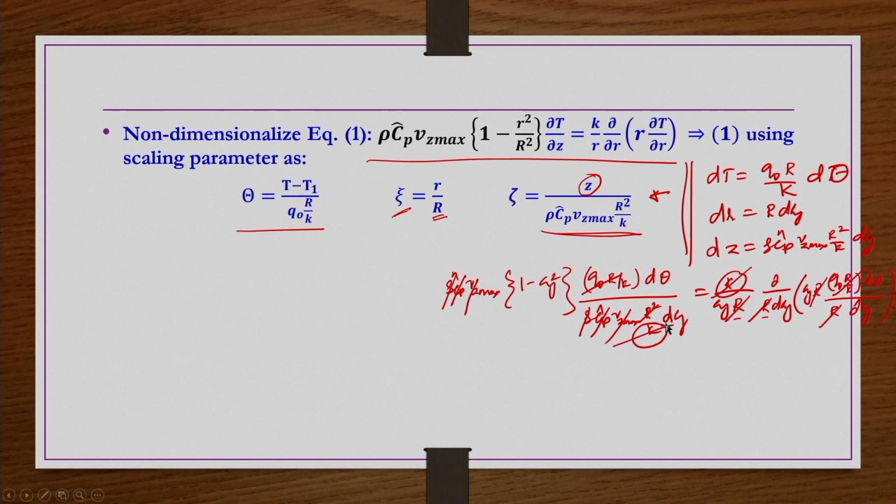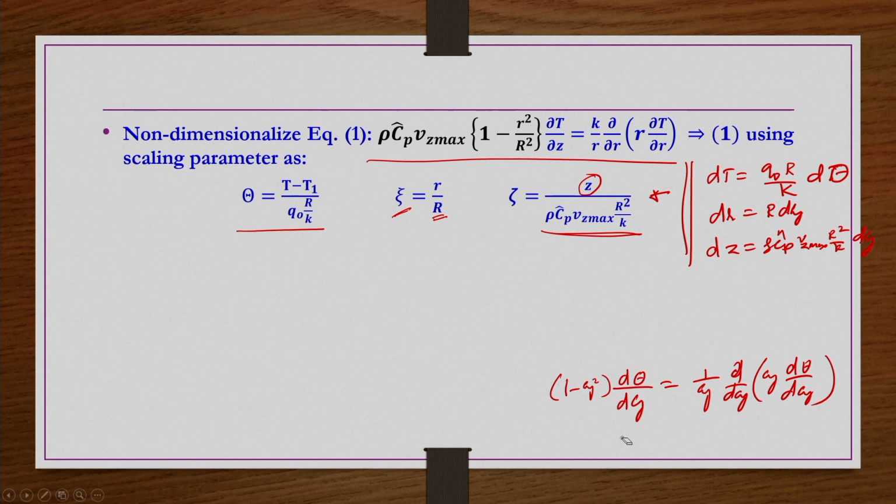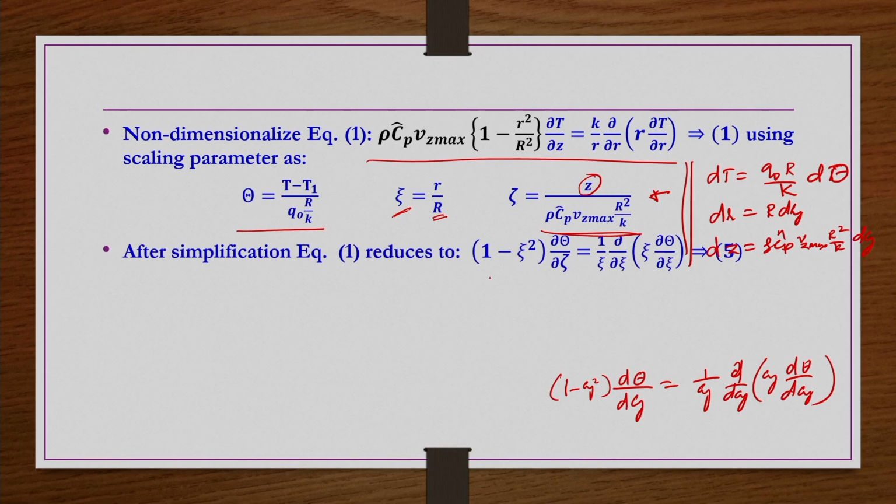So, what you get from this equation is (1 minus xi square) d capital theta by d zeta is equal to 1 by xi d by d xi of (xi d capital theta by d xi). This is what you get. This same simplified final equation is written as equation number 5 here.